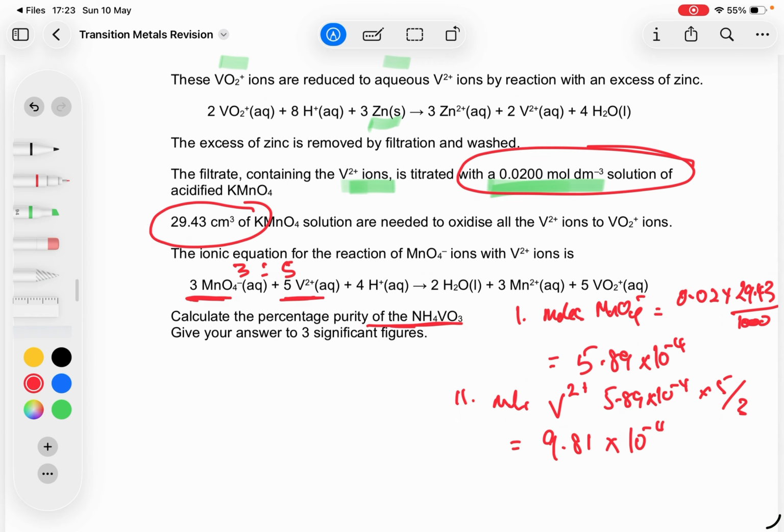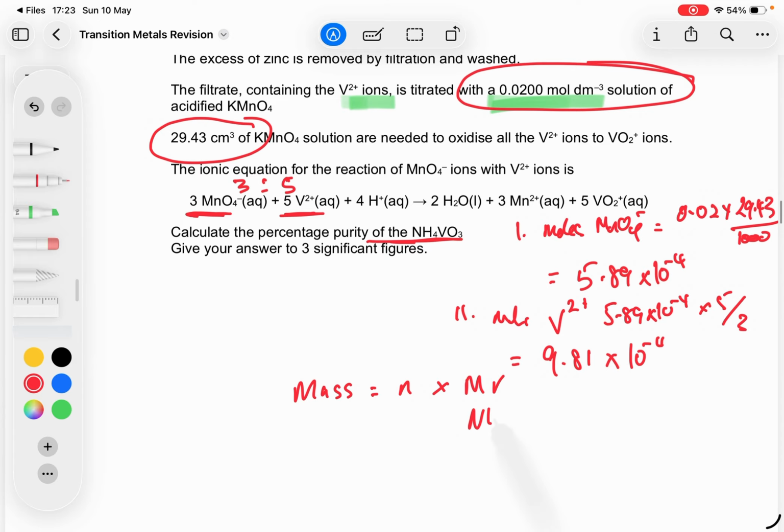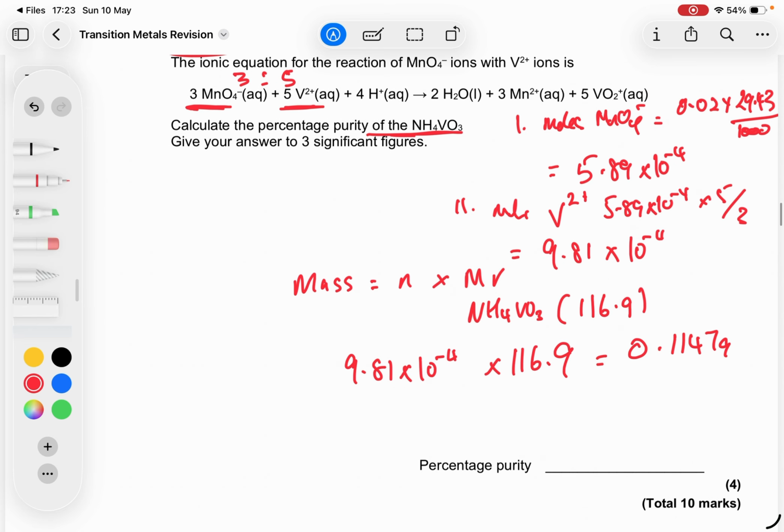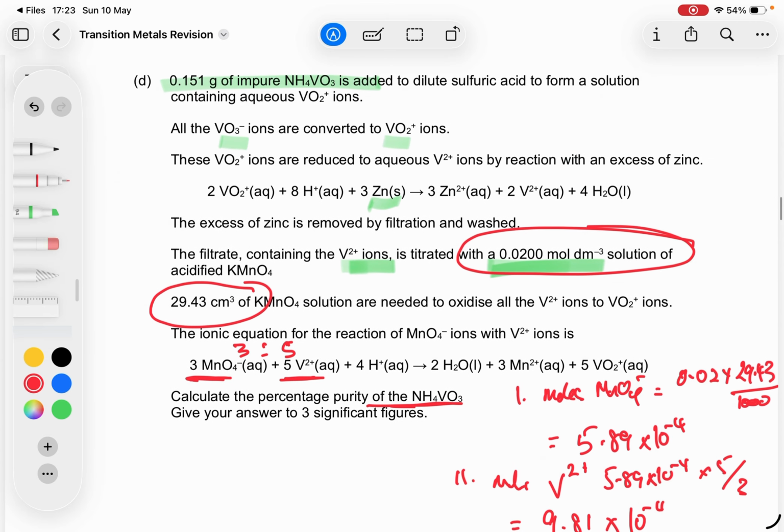So now mass equals moles times MR. MR of ammonium vanadate is 116.9. So 9.81 times 10 to the minus 4 times 116.9 comes to 0.1147 grams.